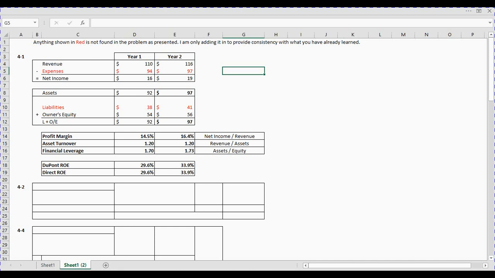And let me say first that if I'm an investor in a company, where is my money found on the balance sheet? My investment in that company is found in the equity part of the balance sheet. So anytime we hear return on anything, return can be several different measures.